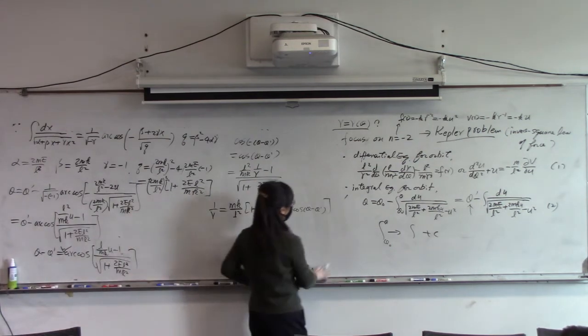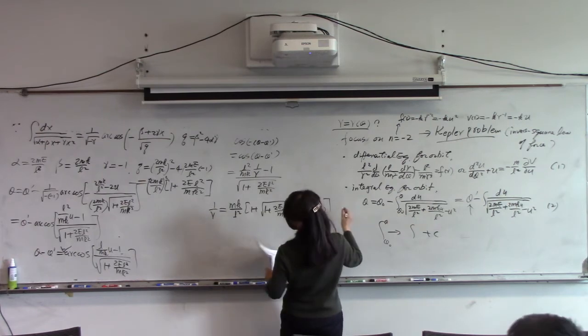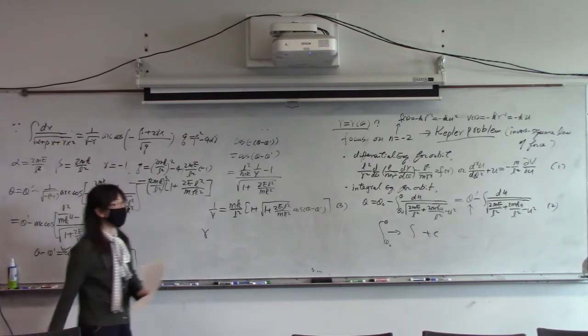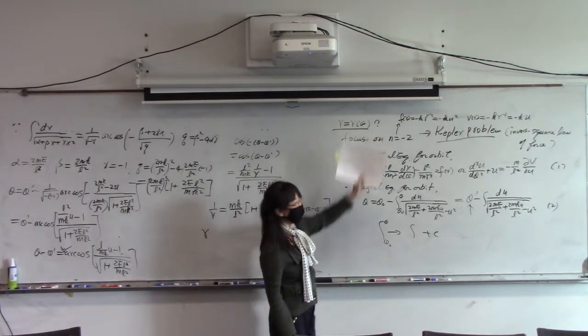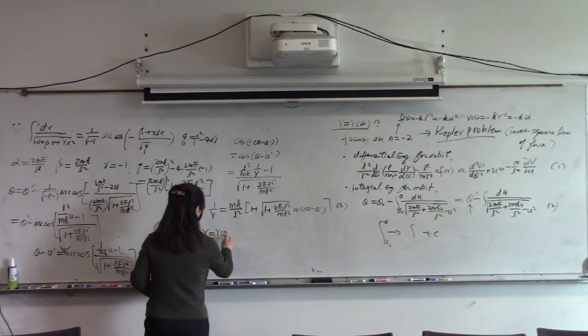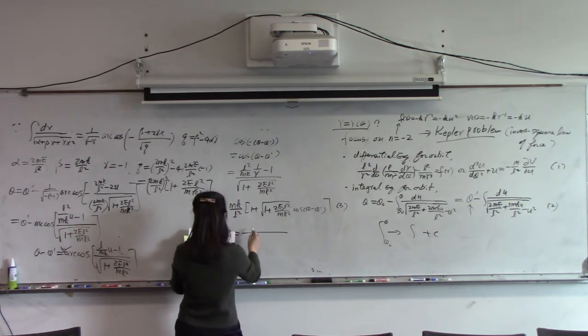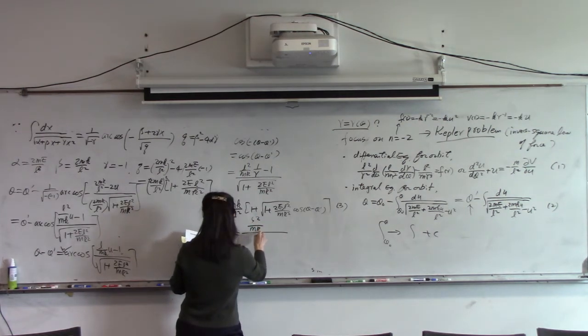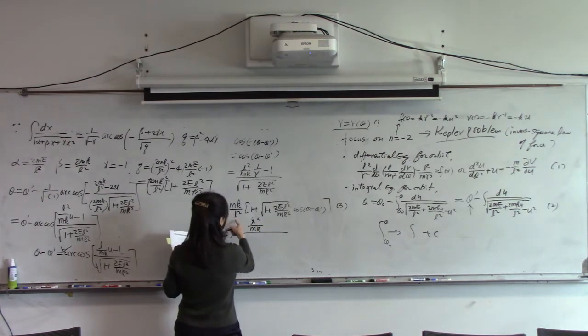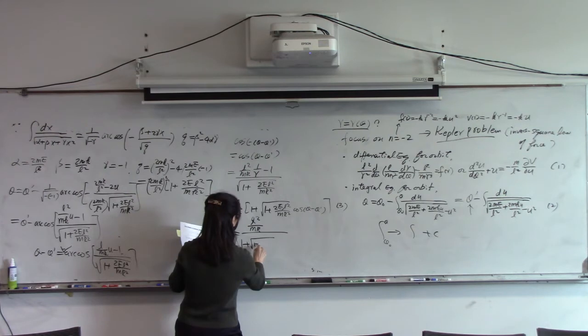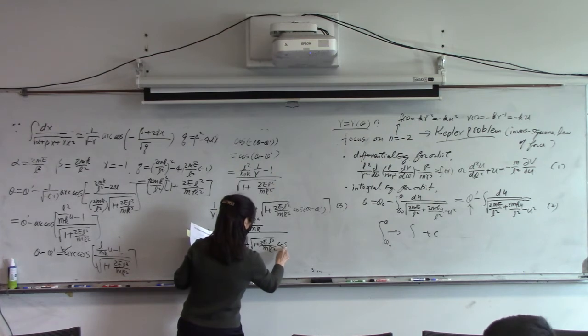Okay, so we obtained this equation number 3. This is 1 over r, proportional to the cosine, but now we are going to find r, right? That is our question. So now we got r as a function of theta, now let's take the inverse, right? So now the numerator is L squared over mk, just reverse, and the denominator is 1 plus the square root of 1 plus 2E L squared over mk squared, times cosine theta.